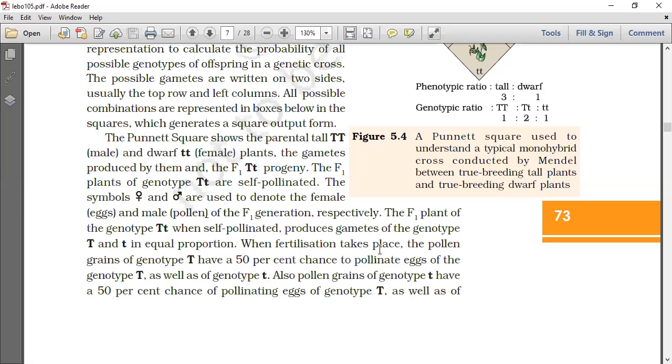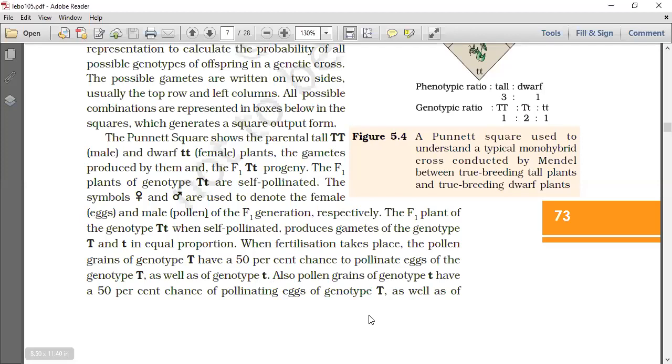When fertilization takes place, the pollen grains of the genotype capital T have a 50% chance to pollinate eggs of the genotype capital T, as well as genotype small t, also 50%. Also, pollen grains of the genotype small t have 50% chance with eggs of genotype capital T. Here the confusion comes. What he is saying, simply try to understand. We are talking about the F1 plant, self-pollination. One side male gametes, other side female gametes.